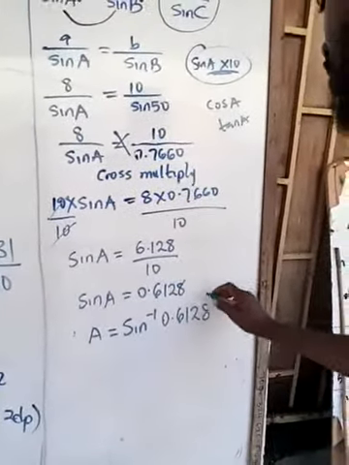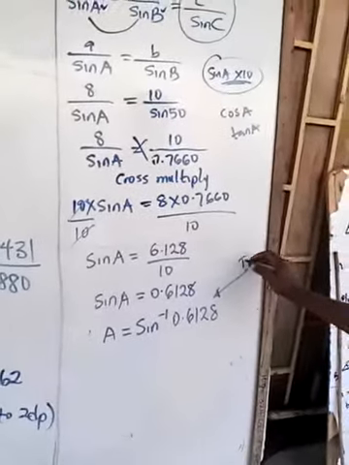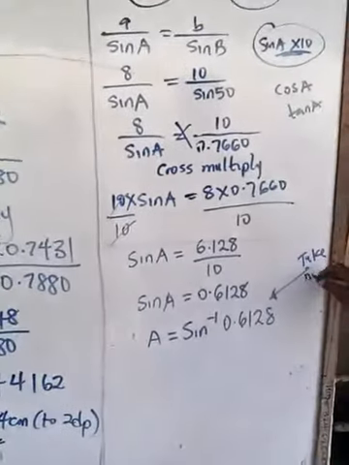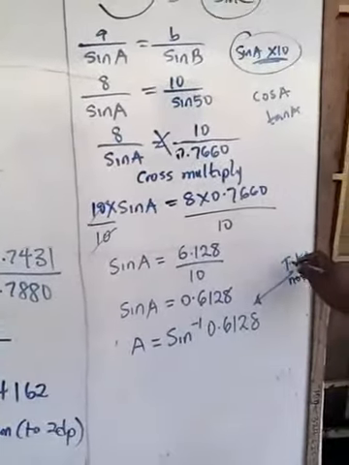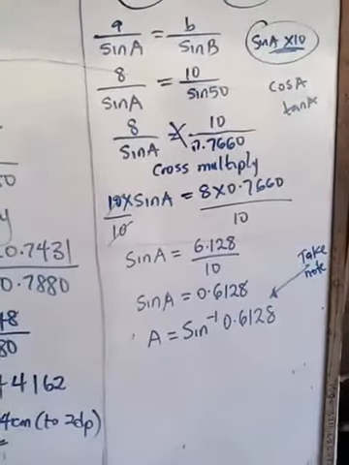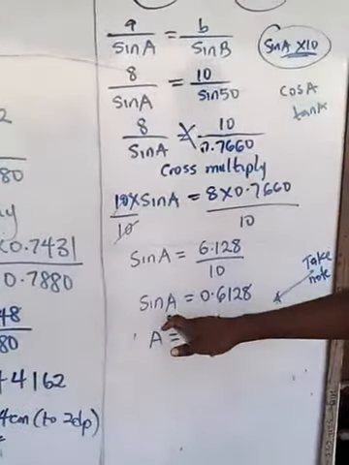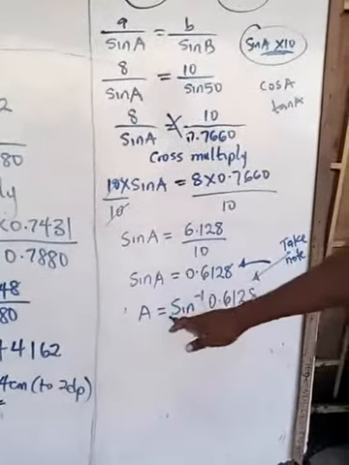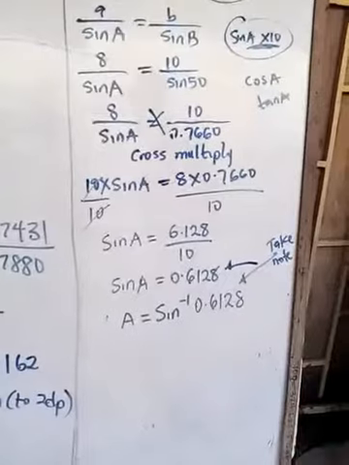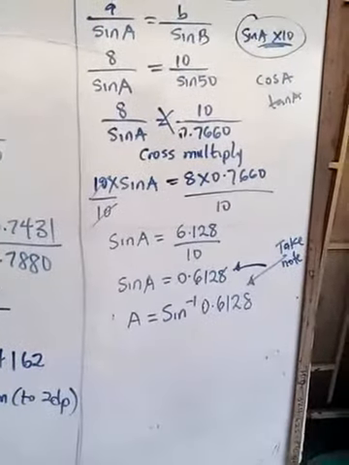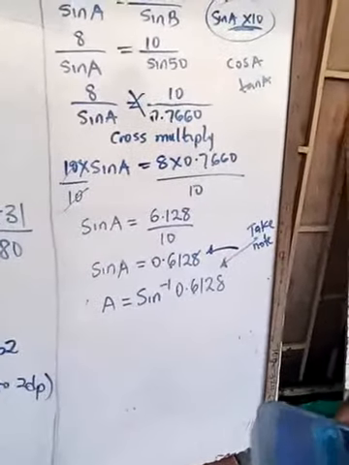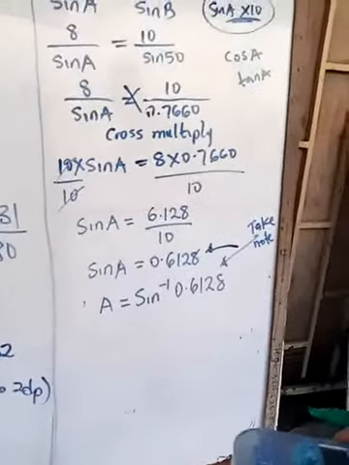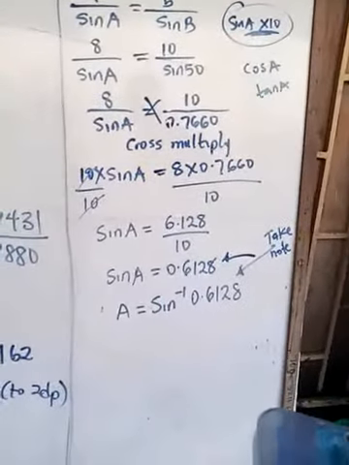It becomes sine inverse of 0.6128. Please take note of this. Anytime you are looking for an angle and it is attached to a letter or a number, if it's going to the other side, it becomes sine inverse. And you can press that sine inverse from your calculator. Shift sine 0.6128.